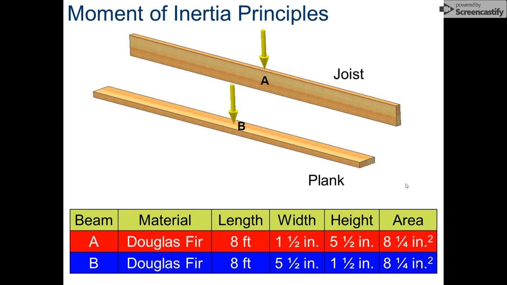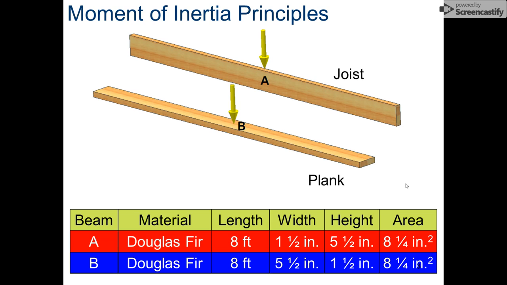So if we look here, we have two beams. We have a beam A that is placed as a joist, and we have beam B, which is placed as a plank or flat. They are the same material. They are both Douglas fir wood. They are both 8 feet in length.